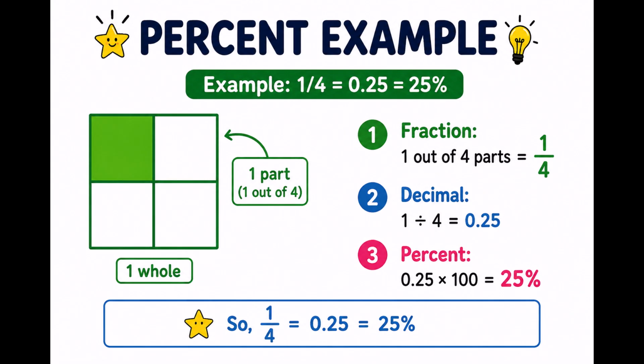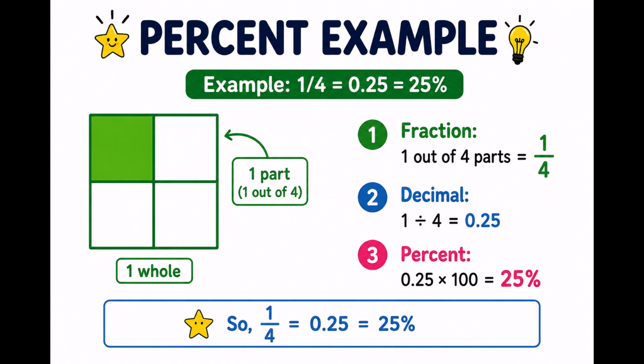Step 2, change the fraction to a decimal. Divide the numerator by the denominator, which is 1 divided by 4, and we will get 0.25. So 1/4 equals 0.25.